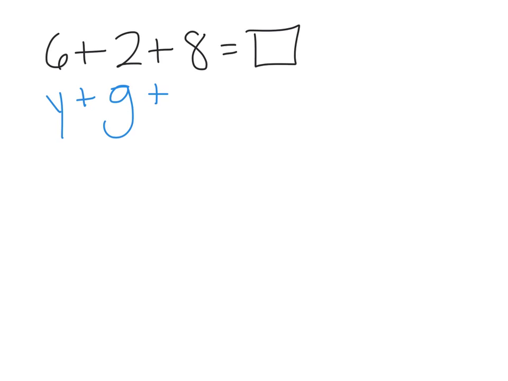And 8 of those kittens at the shelter were black and white, so I'm going to put BW. My question is, how many kittens in all did I see at the shelter? So that would be a word problem I could use for 6 plus 2 plus 8.